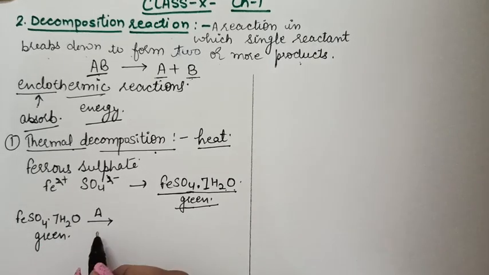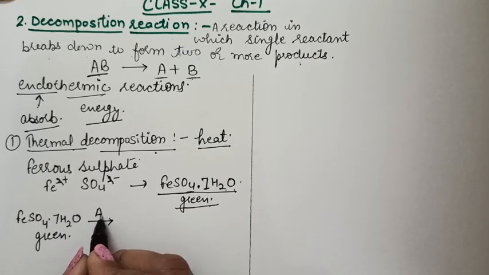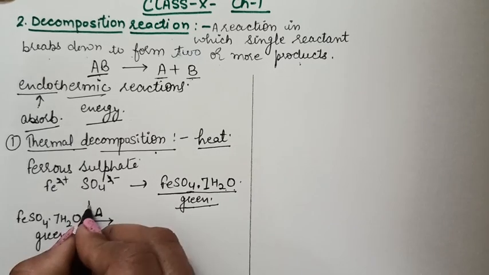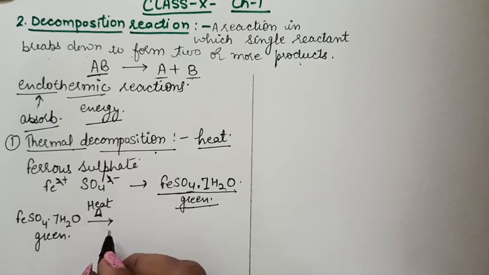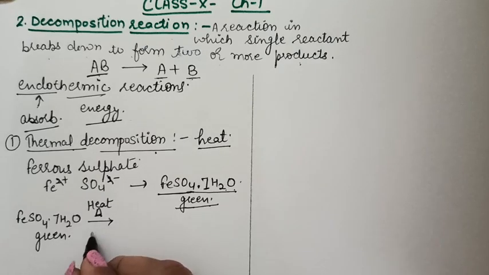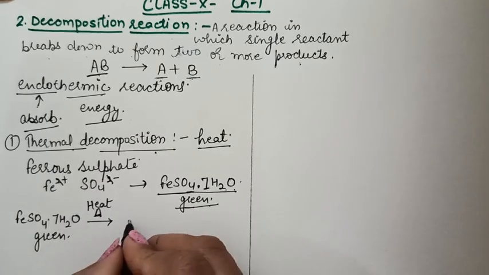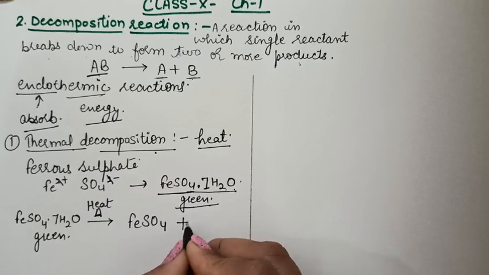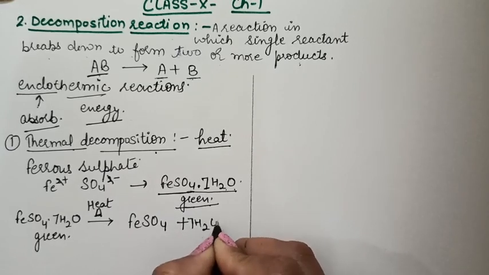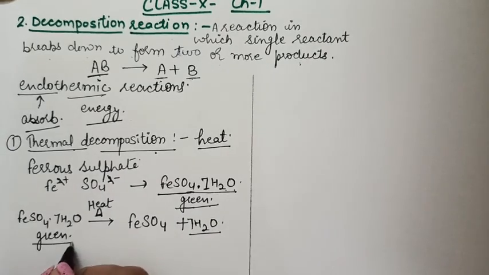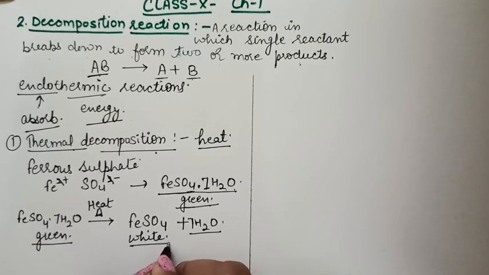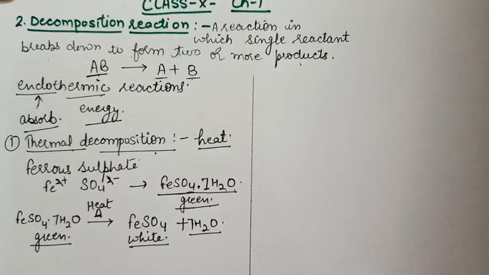We are heating it, so we will put a triangle sign, or we will write heat over here to show that we are giving energy in the form of heat. So first of all, it will become FeSO4 by losing 7 water molecules. Now from green colored, it will become white color.